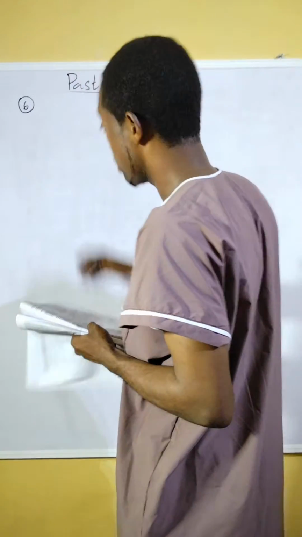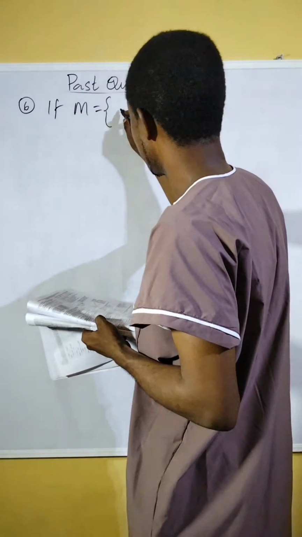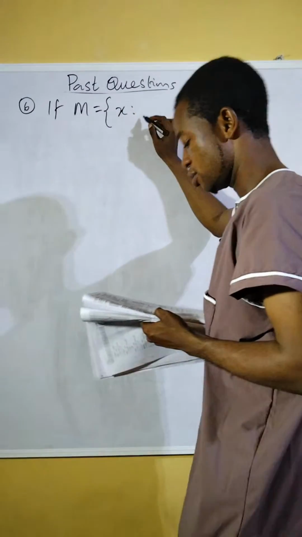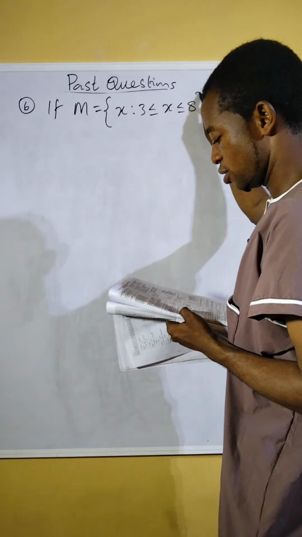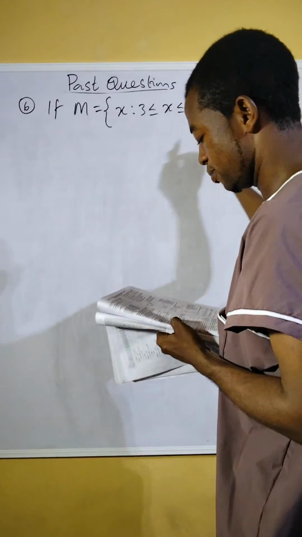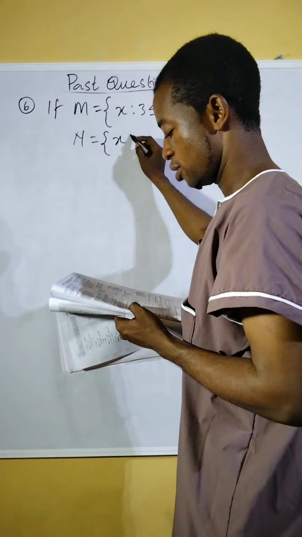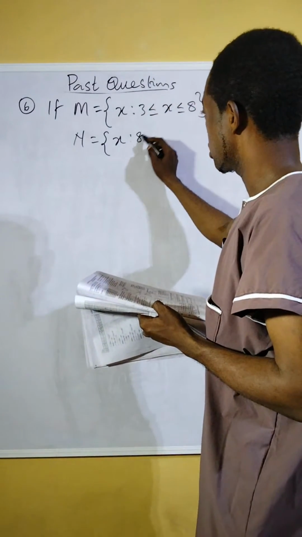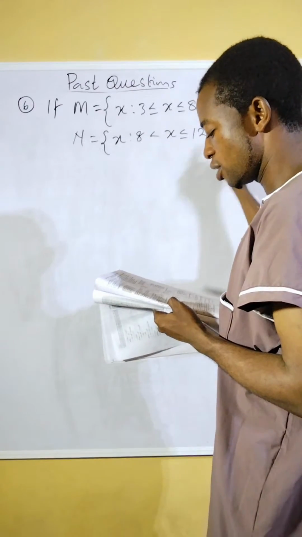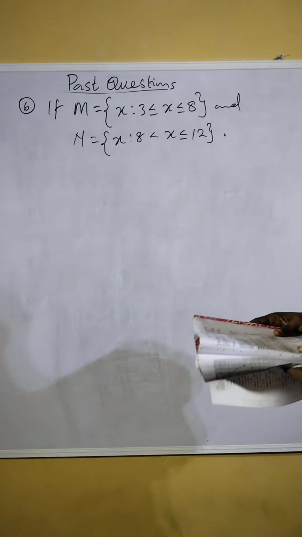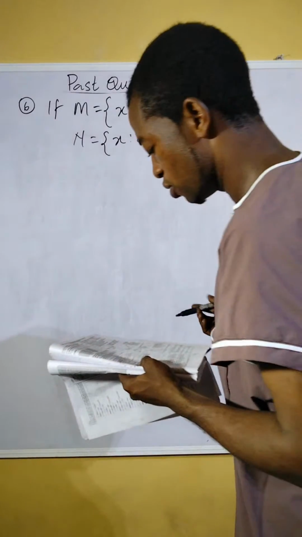If M is equal to the set of x such that 3 is less than or equal to x less than or equal to 8, and N is also a set such that 8 is less than x less than or equal to 12. Now the question says, which of the following is true?